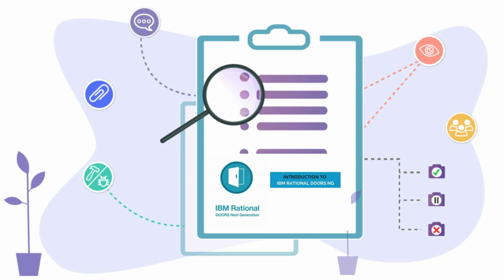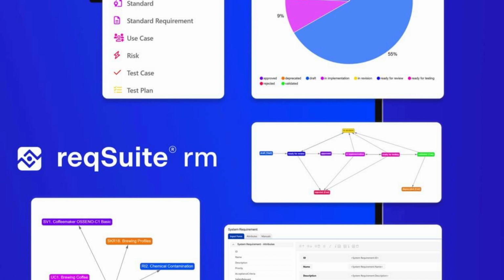IBM Rational DOORS, a requirements management application that allows teams to capture, trace, analyze, and manage changes to requirements. 3. ReqSuite, a tool that supports requirement management processes including elicitation, documentation, and analysis.